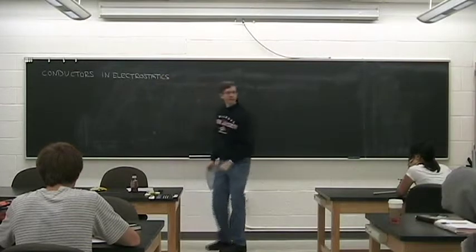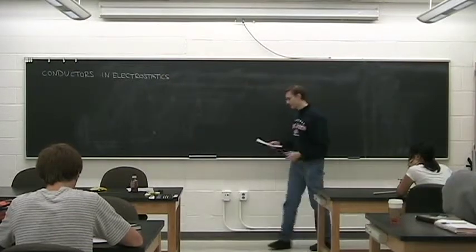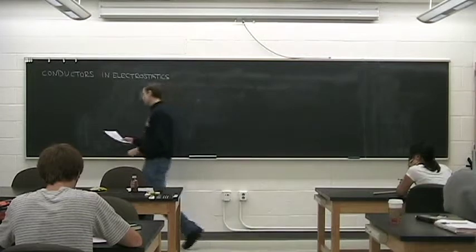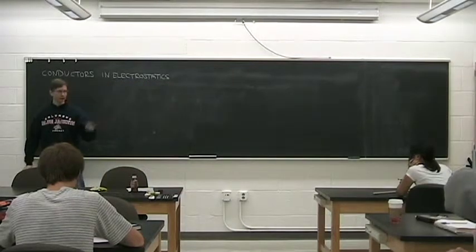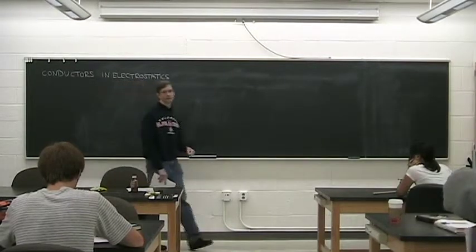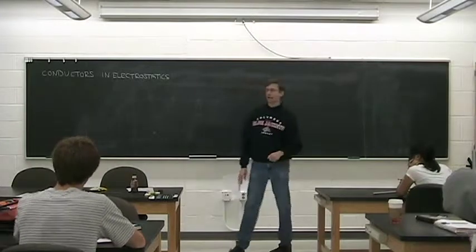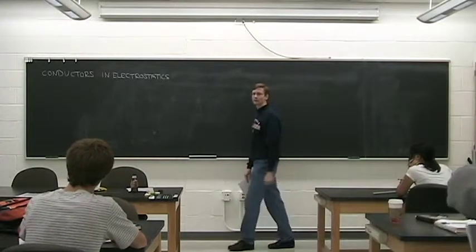Conductors and electrostatics. We already talked about two of their properties, namely that the electric field's zero everywhere inside of a conductor, because if it wasn't, we wouldn't be electrostatic, because charge would be flowing in response to that.